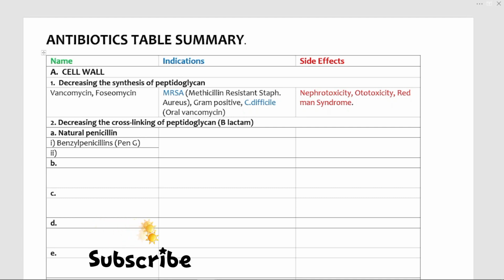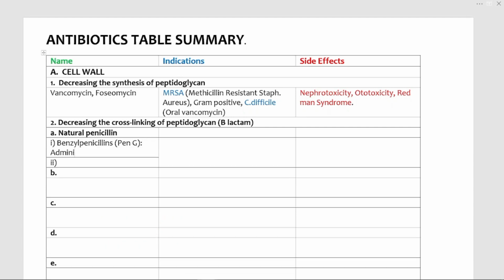Now the major difference is that these ones are always administered parenterally. This means they can be given either through IV route or through IM route. And you've got other classifications like the procaine and the benzathine, which we have to administer IM. The benzathine penicillin is very much effective when it comes to treating syphilis.